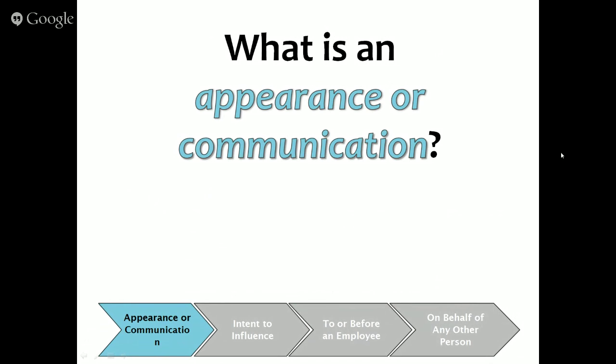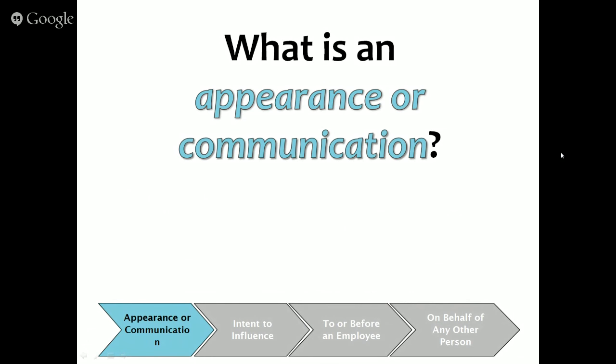But what does it mean to appear or to communicate? So let's take a look at the definitions of communication or appearance, because they may seem obvious on their face, but as with everything in regulation land, nothing is ever as obvious as we think.